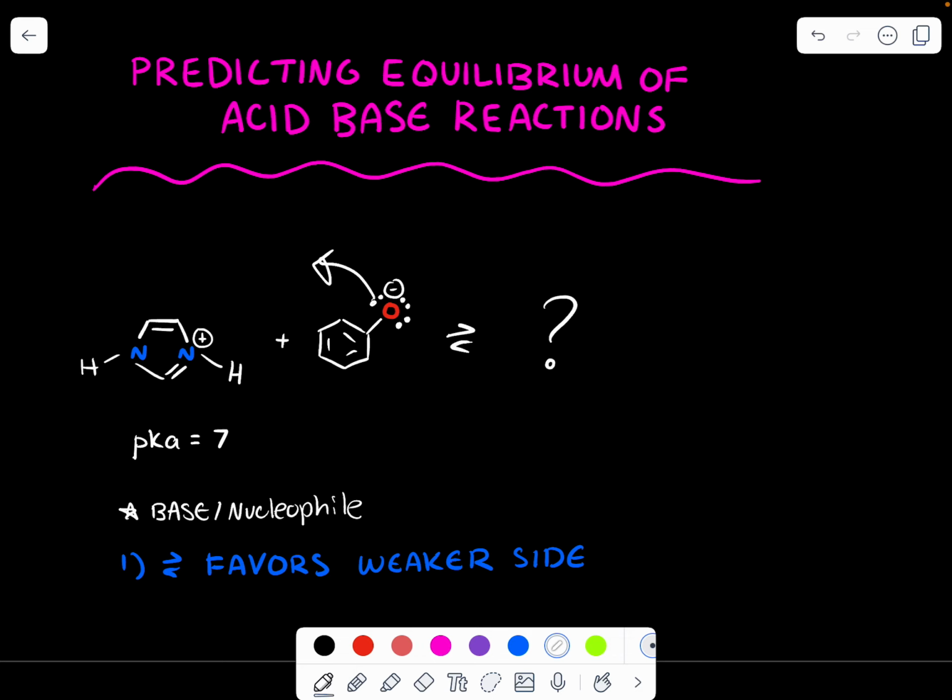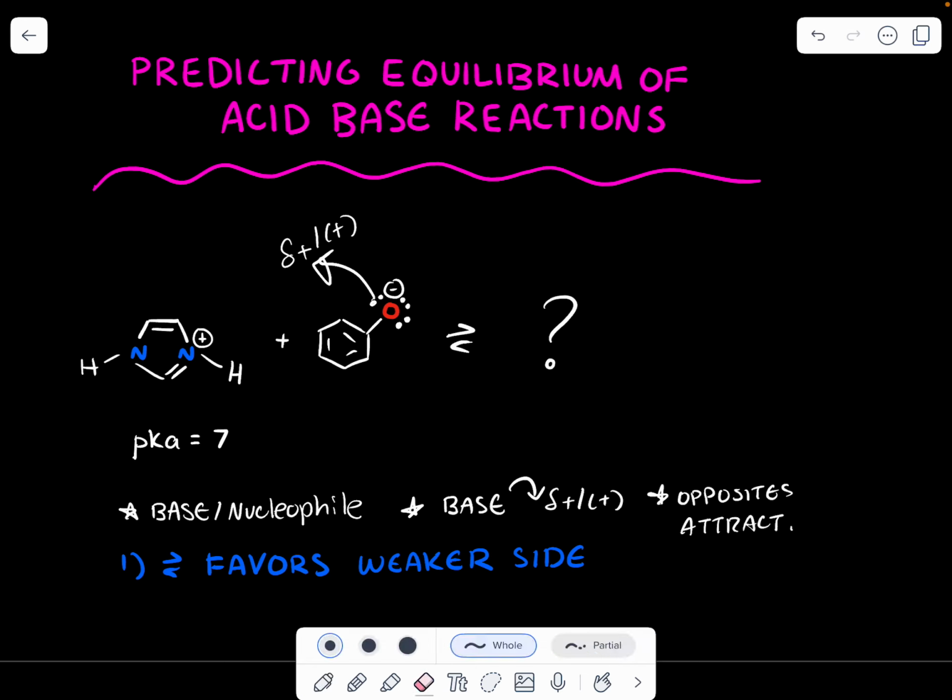And now the question is, what is it going to attack? It's going to attack something delta plus or positively charged, because opposites attract. So we have our base nucleophile, and then the base will attack something delta plus or positively charged. So who's delta plus or positively charged?